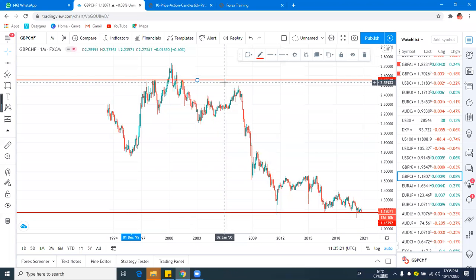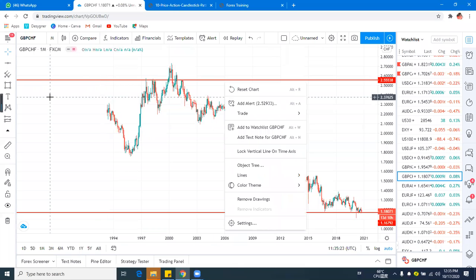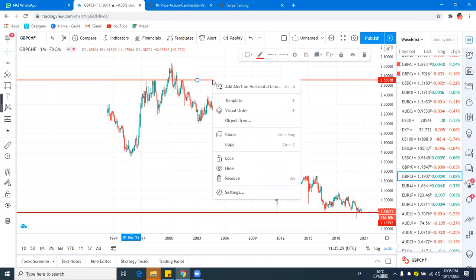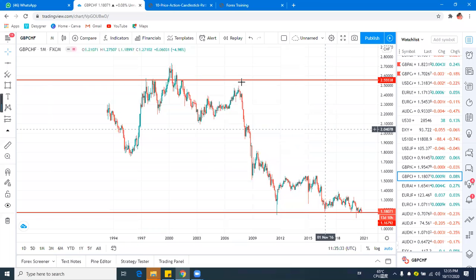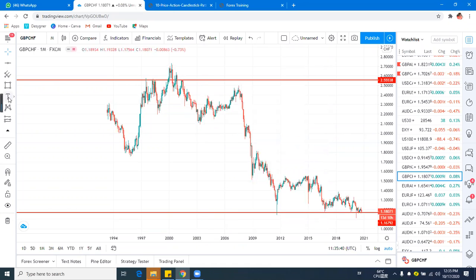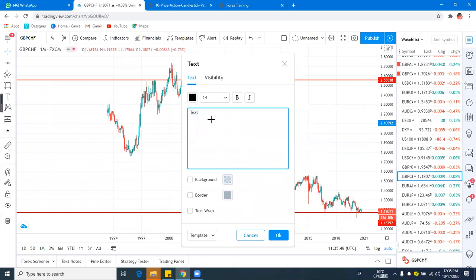And if you like, you can name it. Add a text note. You come here and click on text.